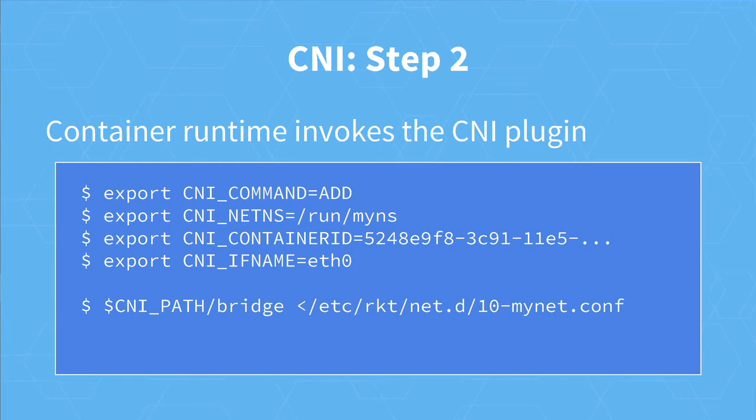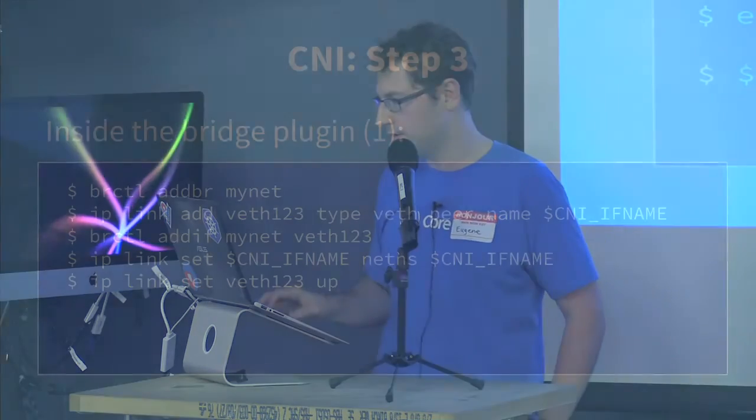It opens up that JSON configuration, and it sees that the type is bridge, and then it finds in a predefined path the executable called bridge, and it just executes that file, and it gives it a few environment variables, and it pipes in the configuration file through standard in.